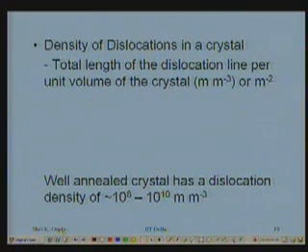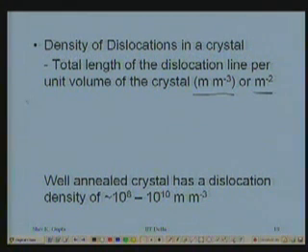Now after this, we will talk about a few more characteristics. The density of a dislocation in a crystal means the length of the dislocation line we express per unit volume of the crystal, and that is expressed either as meter per cubic meter or per square meter. The way these are measured is a small difference.